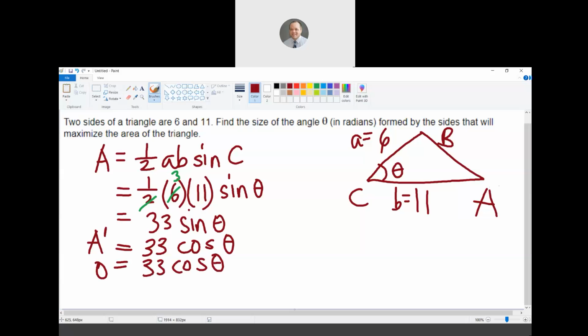Now let's get rid of that 33 by dividing both sides of our derivative by it. So we have 0 equal to cosine theta.